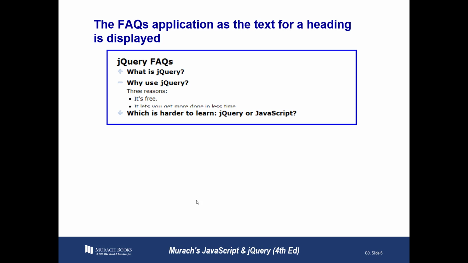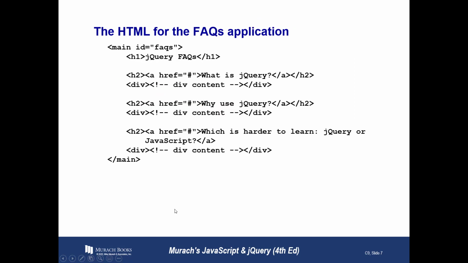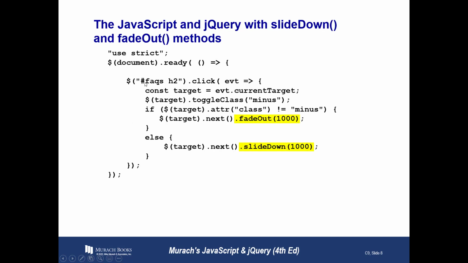Now, in this example, it says this is that FAQ application, frequently asked questions, as the text for the heading is displayed. And you can maybe see how that's fading in. So this is the HTML, just a bunch of divs and the like, and this is the JavaScript and jQuery.